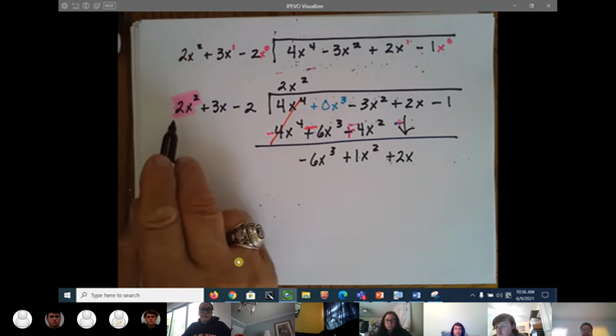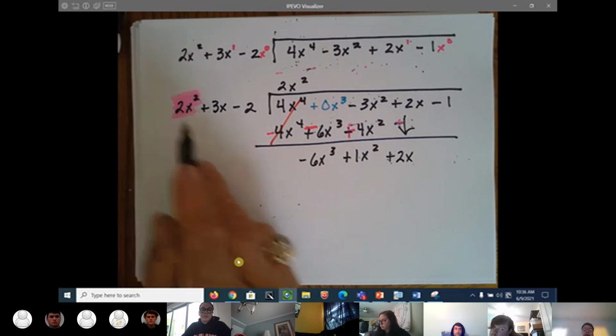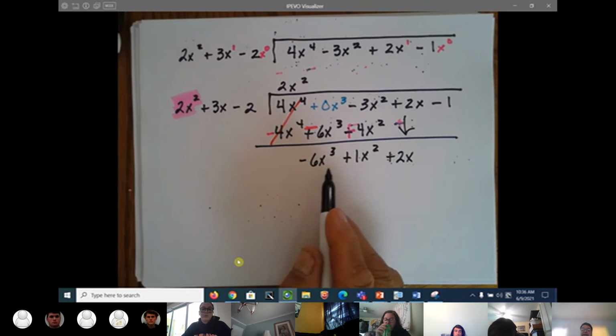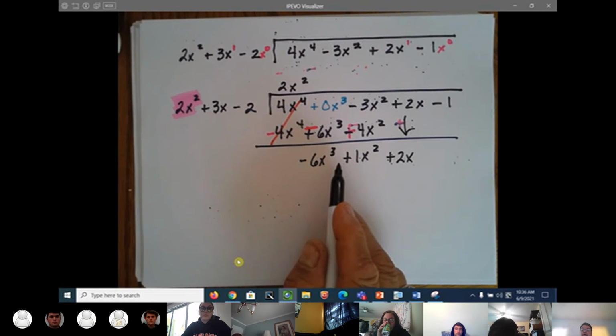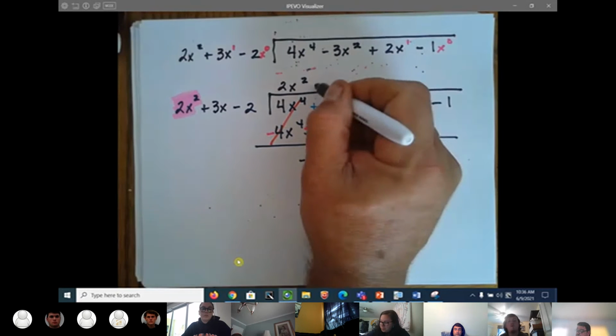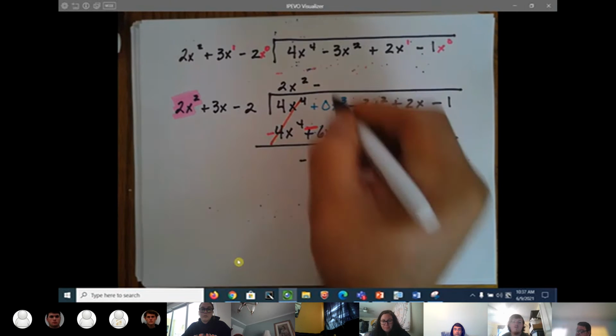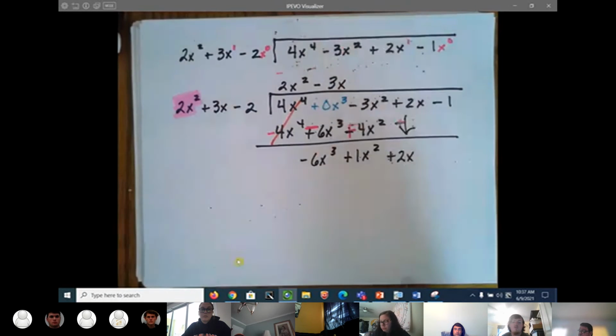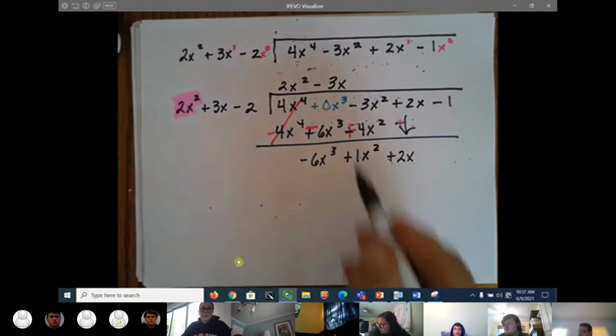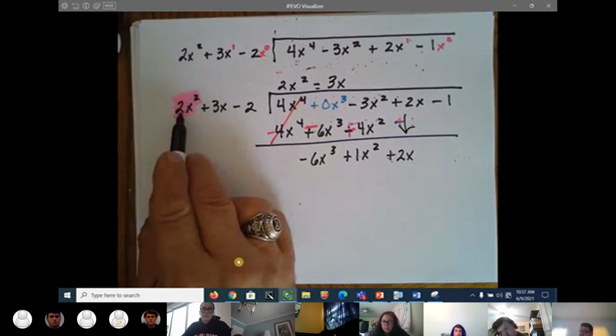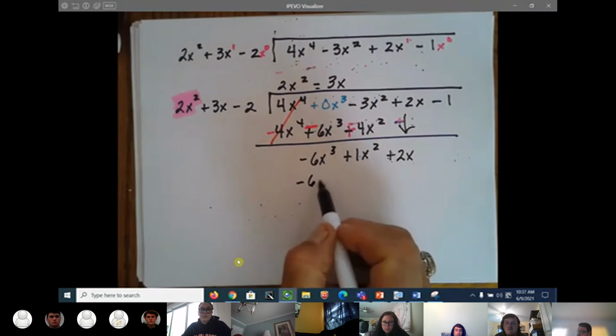Go back to the kite. 2x squared will go into negative 6x cubed how many times? It's going to be negative 3x times. Good job. Now do the multiplication. Negative 3x times 2x squared is negative 6x cubed.